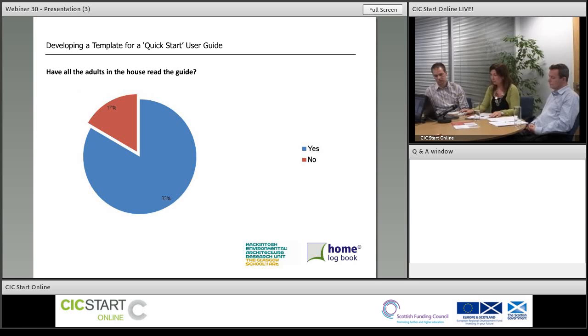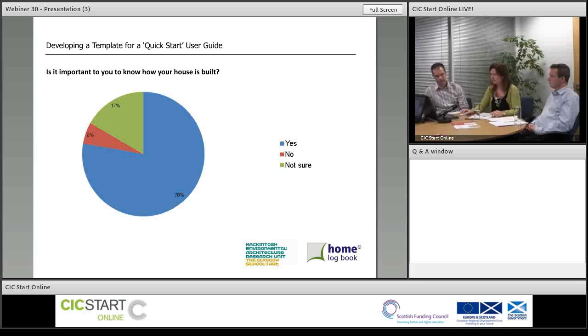I think we all know that teenagers in houses can often have a different opinion as to how much energy should be used, and often they're the ones that are using the most hot water and showers and washing. So not only all the adults in the house should really be having a look at that.